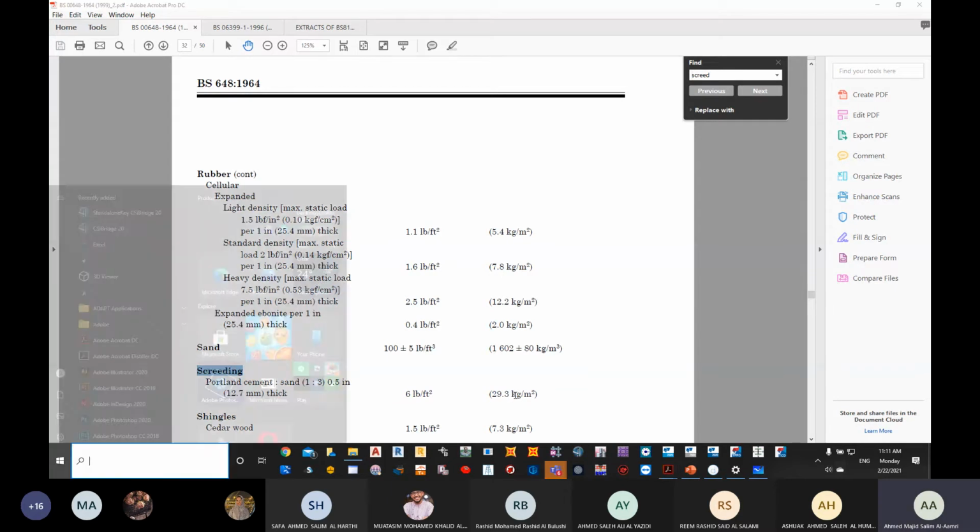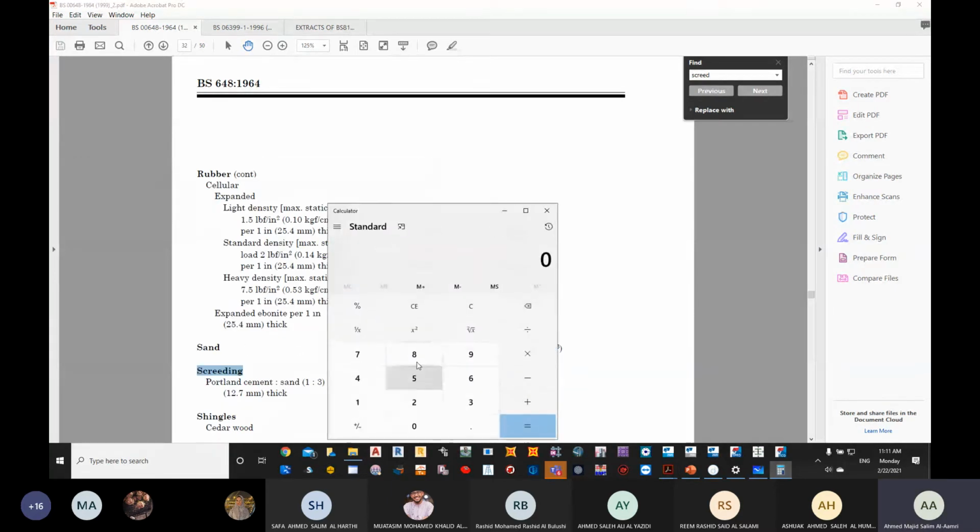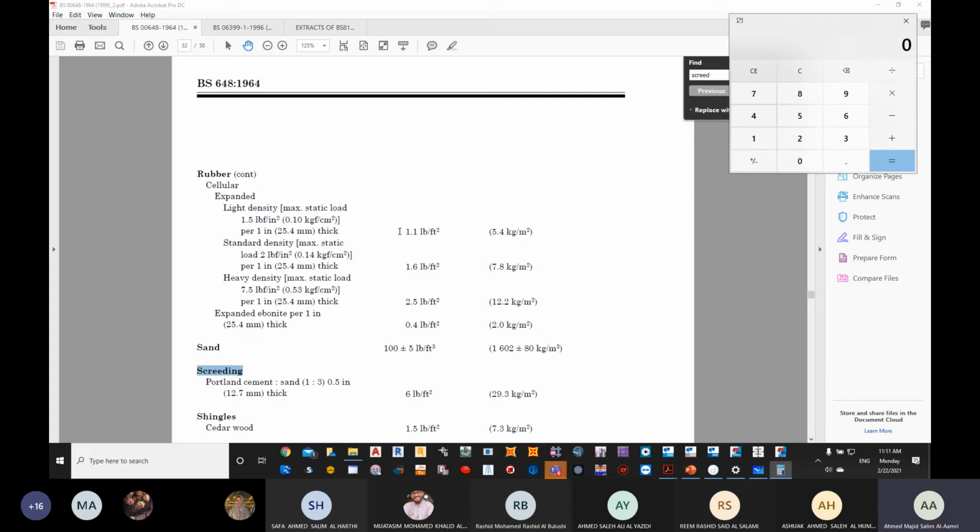So for us, what we need to do, we'll bring a calculator. We'll have cross multiplication. So 13 divided by 12.7. 13 is the thing that I require, 12.7 is a value available in the code, multiplied by the load given for 12.7.